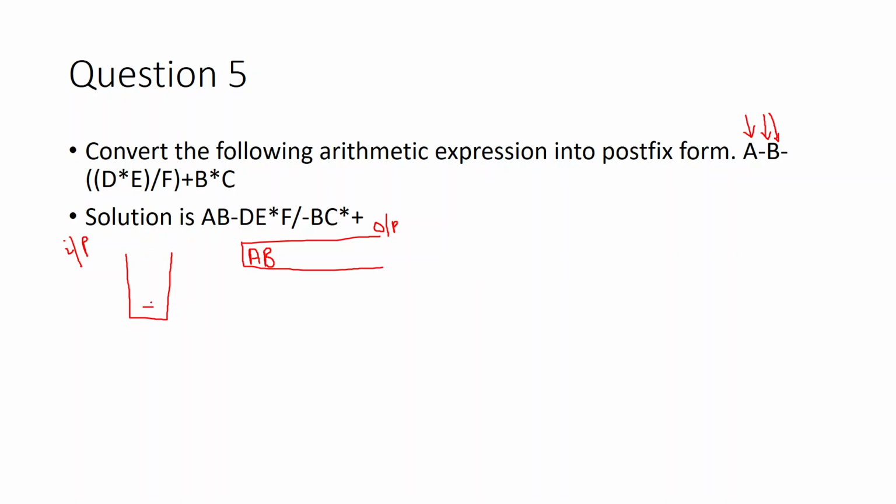So at that time, we can pop one operator out from the stack. The next operator is subtraction. These two are equal precedence. At that time, we need to remove one operator from the stack.